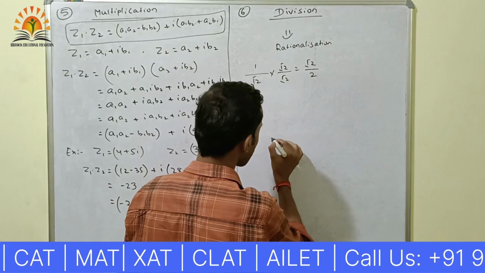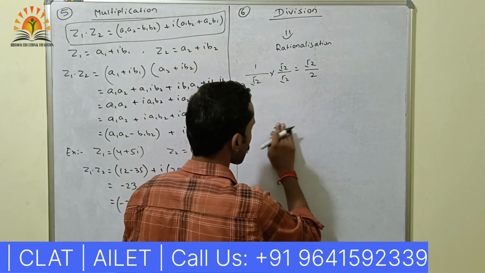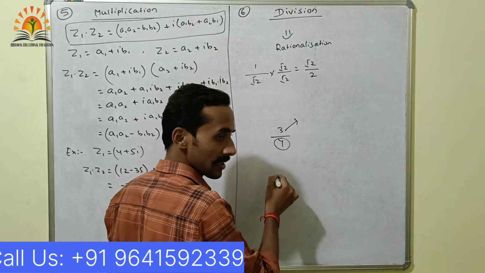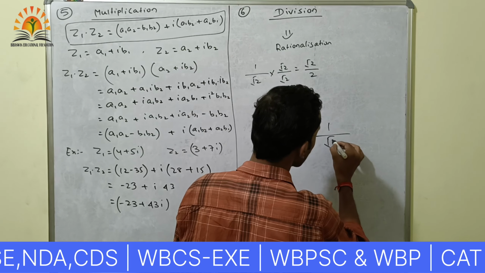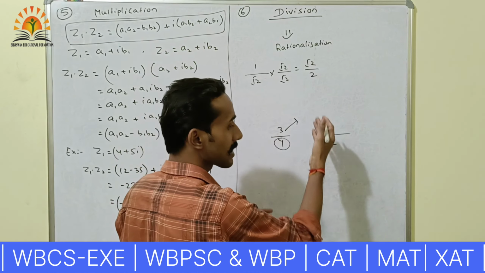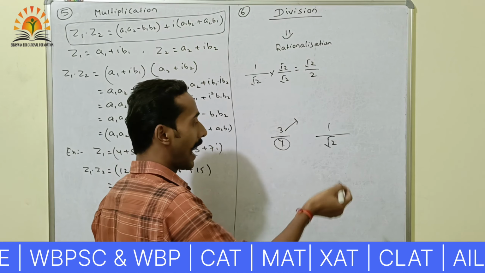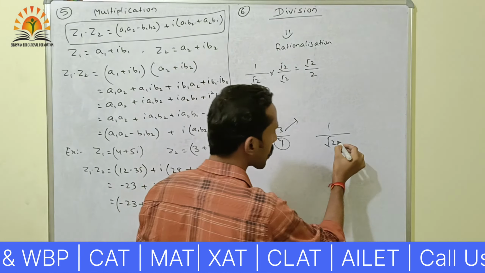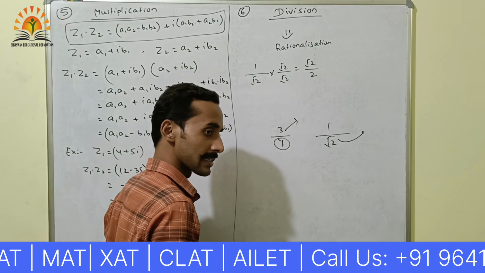Let us assume 3 by 4. It means you have a total of 4 and you have to take 3 out of 4. But if anyone says 1 by root 2, since root 2 is an irrational number, there is no fixed number, then how can you relate this? So the denominator should always be a rational number. And if there is any number other than rational, we have to convert it into a rational number, and this process is known as rationalization.